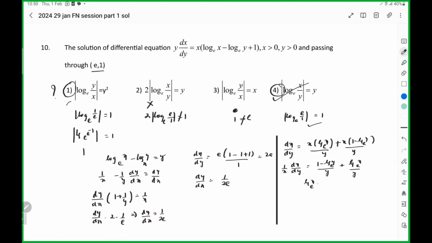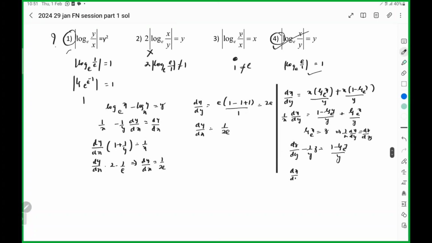So take log x to the base c as z. (1/x) dx/dy is dz/dy. So dz/dy plus (minus 1/y) z equals (1 minus log y to the base c), which is of the form dx/dy plus P(y)z equals Q, a linear differential equation, with solution integral of P dy, Q e power integral P dy dy.